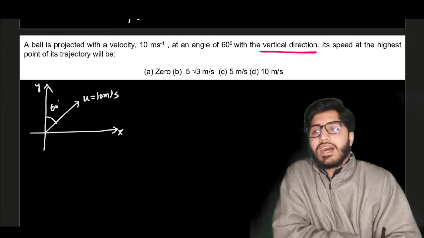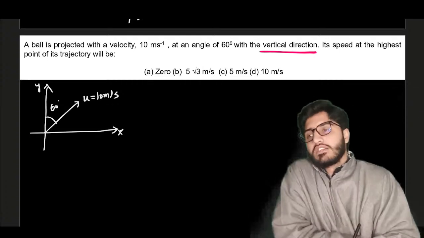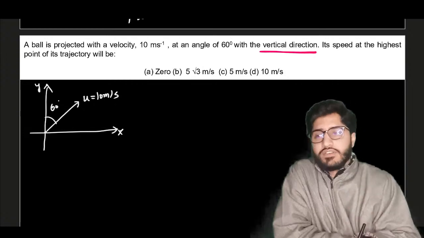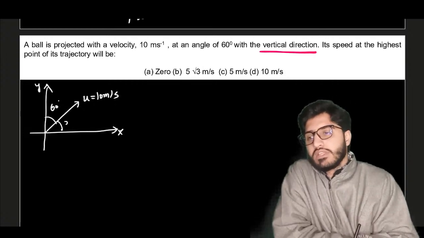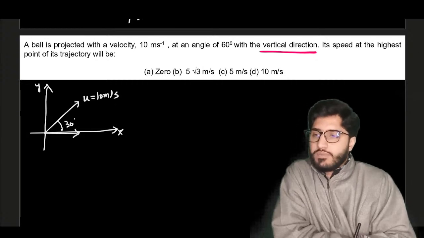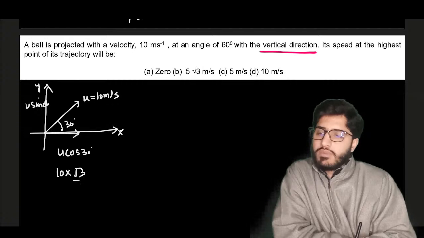Its speed at the highest point of its trajectory is? So we are considering only those angles which are with the x-axis, right? So if this is 60, this must be 30. We are interested in 30, not in 60, so I can just erase this one. Now this part will be u cos 30 degree, and this is u sin 30 degree. u is 10 and cos 30 is root 3 by 2. It comes out to be 5 root 3.